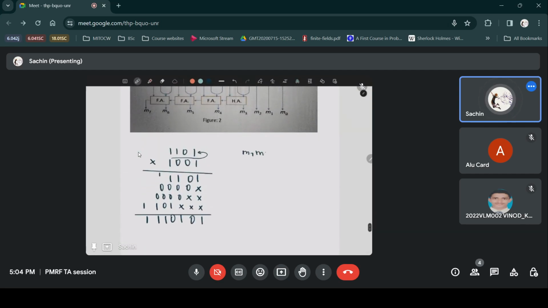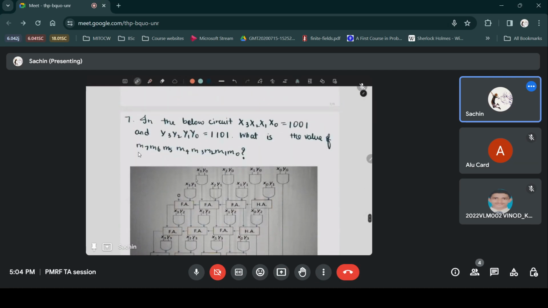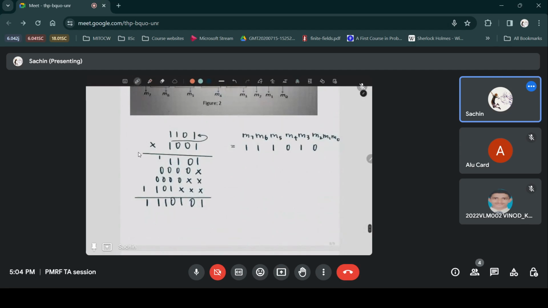So M7, M6, M5, M4, M3, M2, M1, M0 is nothing but 1, 1, 1, 0, 1, 1, 0, 1, 0, 1, and last bit will be 0.